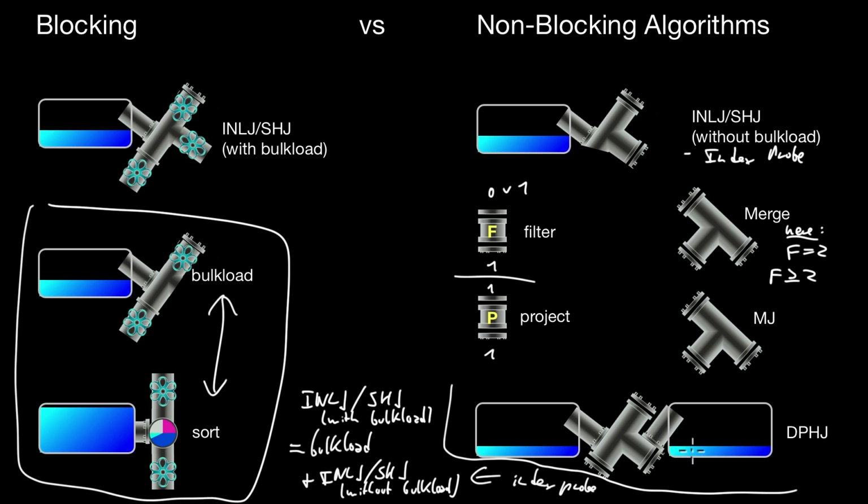If you already find some join result, you output it directly. It's not like you process the left input entirely and then you start probing the input on the right. That's not what's happening in the double pipelined hash join. Really you process both inputs more or less simultaneously, and therefore this is non-blocking.